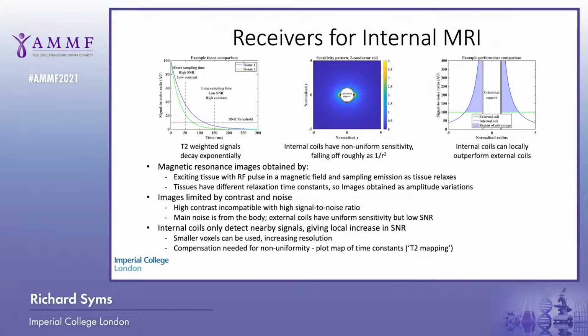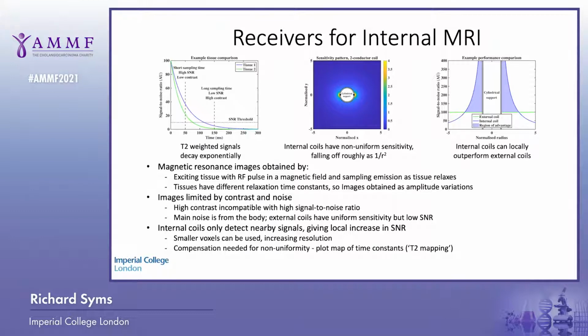What that means, if we look at the plot on the right, is you can usually obtain a signal-to-noise ratio advantage near to an internal coil compared with an external coil. If you can get that advantage, you can then use smaller voxels to build up the image and increase the image resolution and see more detail in it.